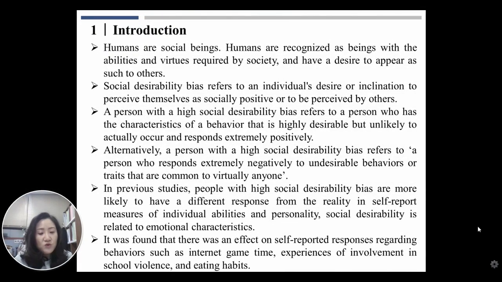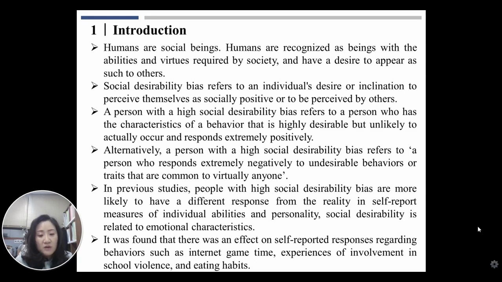Humans are social beings. Humans are recognized as beings with the ability and virtue required by society, and have a desire to appear as such to others. Therefore, there can be a difference between the real self and the seen self.